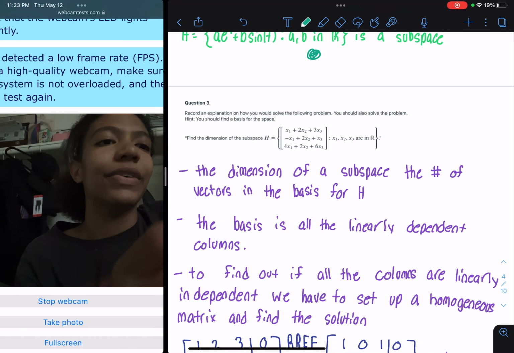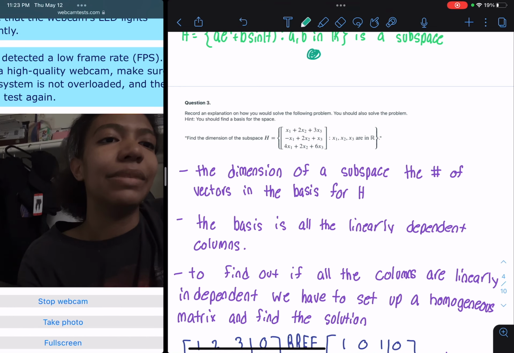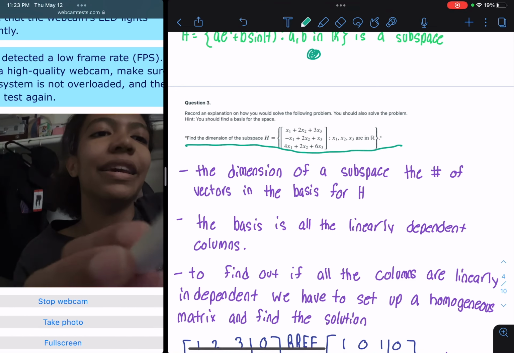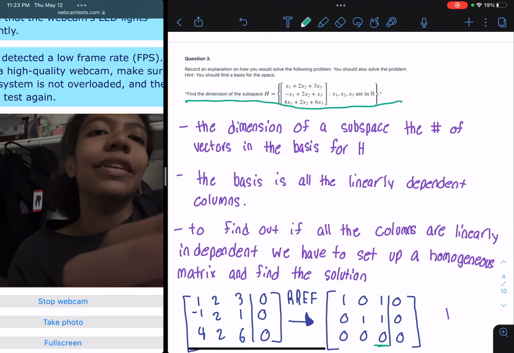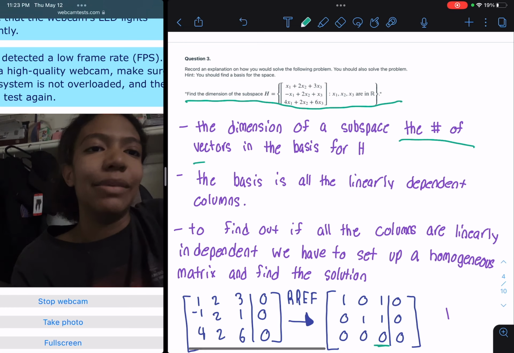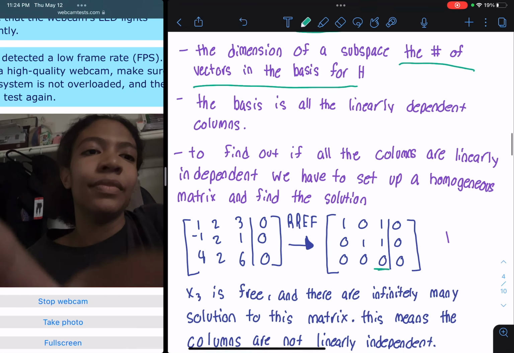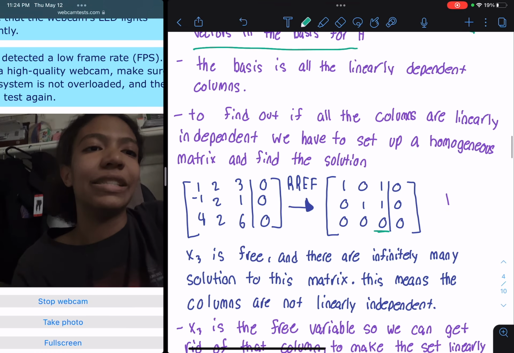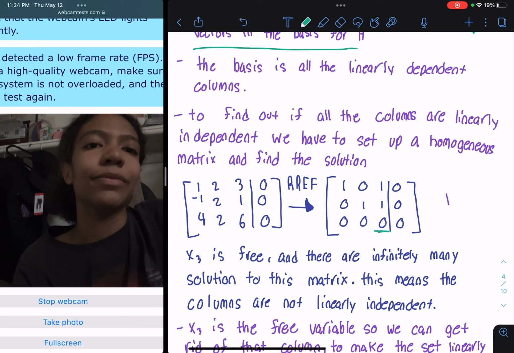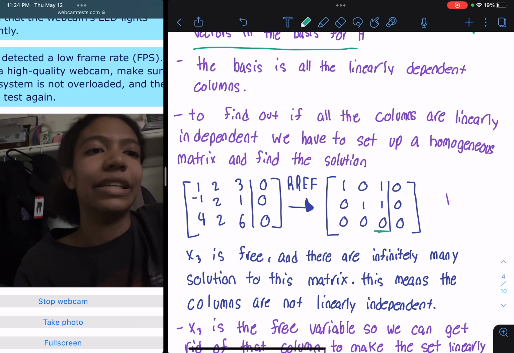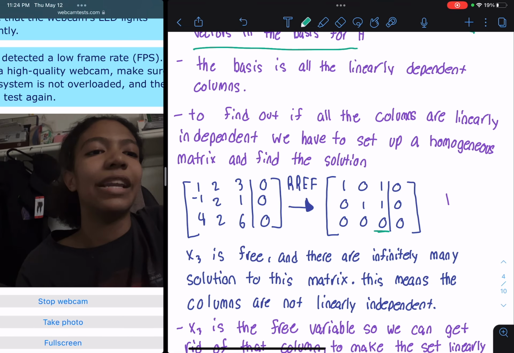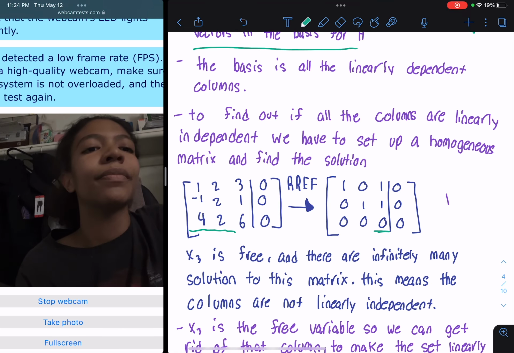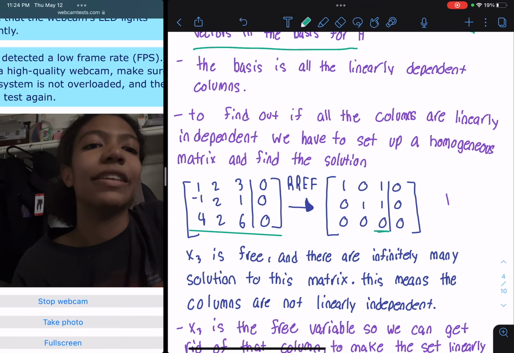And for number 3, you had to find the dimension of the subspace, and the dimension is the number of vectors in the basis for H. So first I found the basis. You find the basis by taking out the linearly dependent vectors, and you do that by setting up a homogeneous matrix and finding the solution.